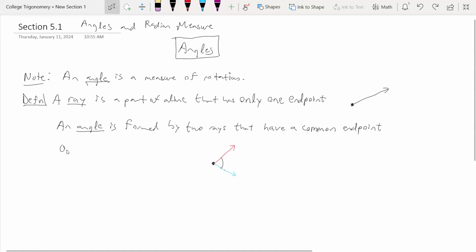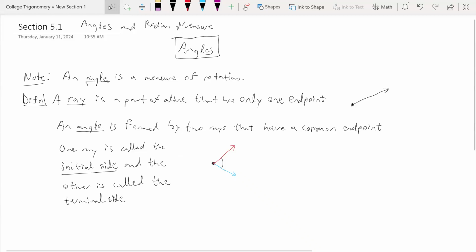So one ray is called the initial side. Let me write that a little bit neater here. The initial side. And the other is called the terminal side, okay?